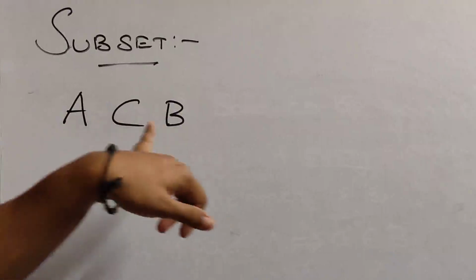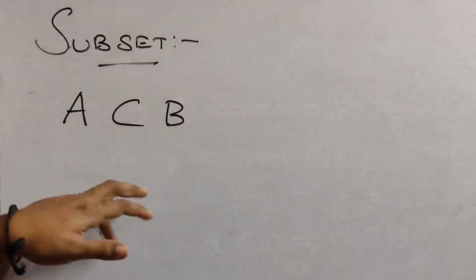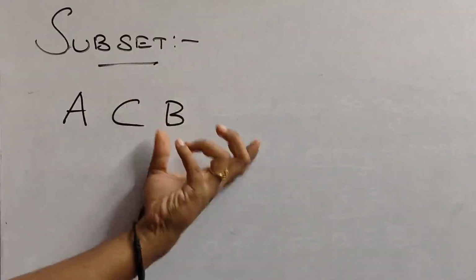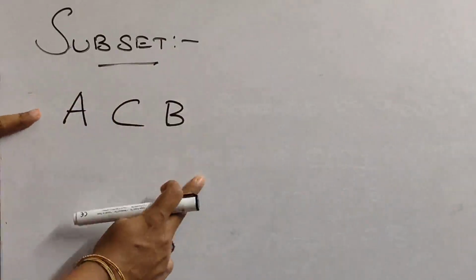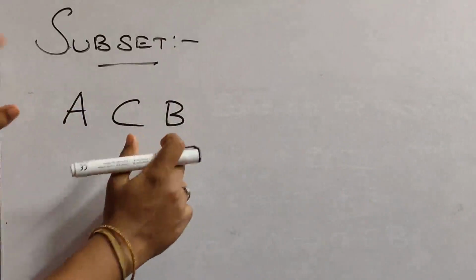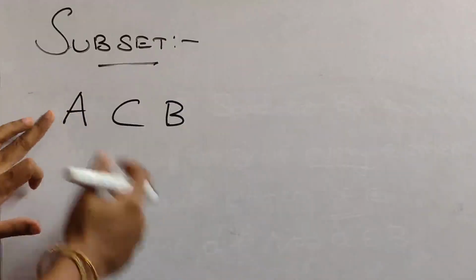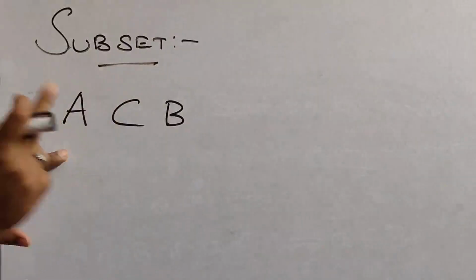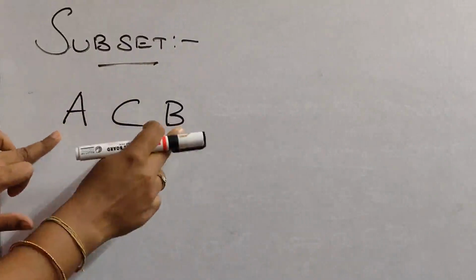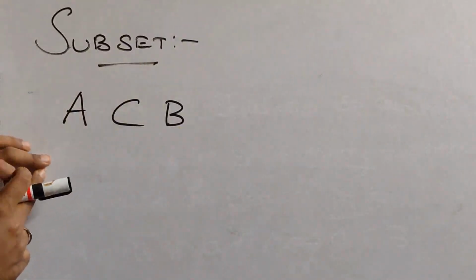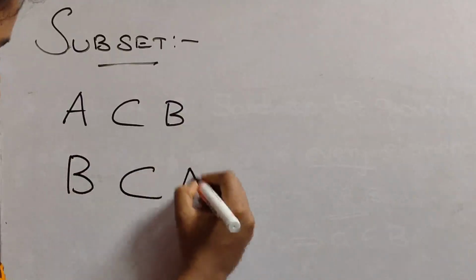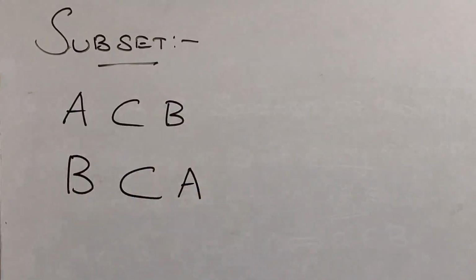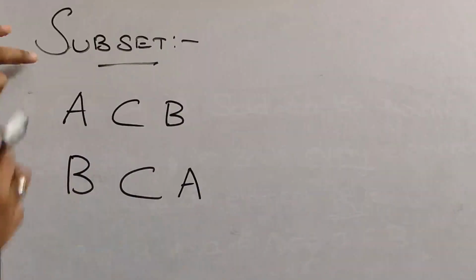if A is a subset of B, we note that for A to be a subset of B, all that we needed is every element of A is in B. Okay, it is possible that every element of B may or may not be in A. If it so happens every element of B is also in A, then we shall also have B is a subset of A. In this case, A and B are same, right?